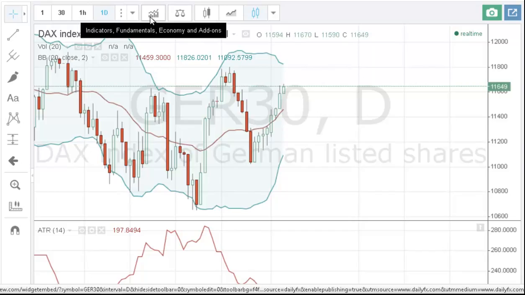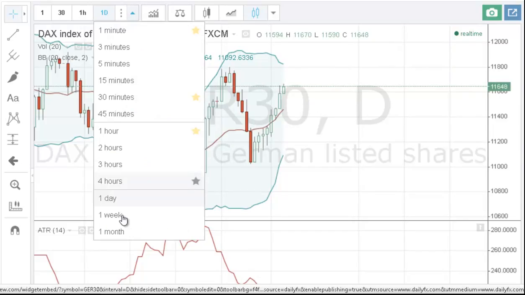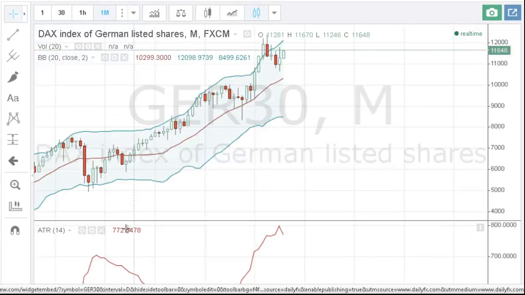That works better if you're talking about long time periods. So if I look at the 20-month moving average, we're above that, and that to me is an uptrend.